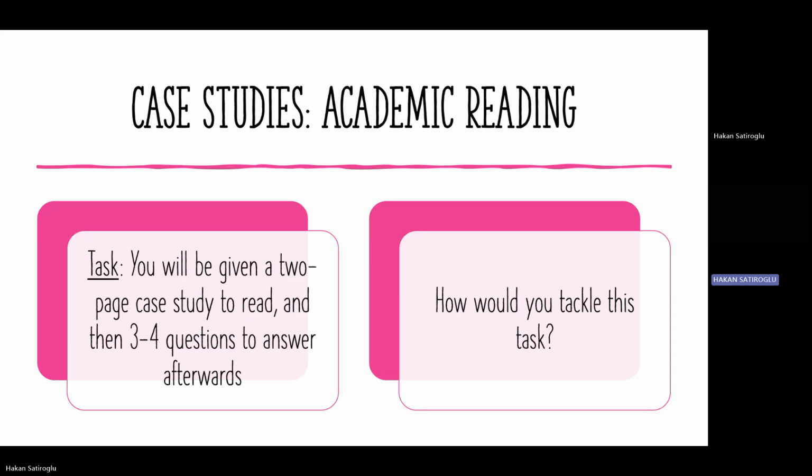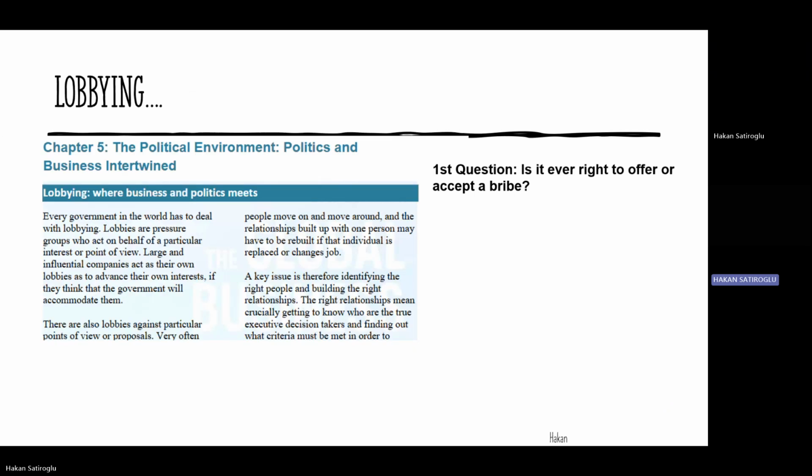I also made some case studies from Turkey and the UK about those problems. The first one is lobbying, and I invite you to read this case study. The first question is: is it ever right to offer or accept a bribe? I know you didn't read that one yet.